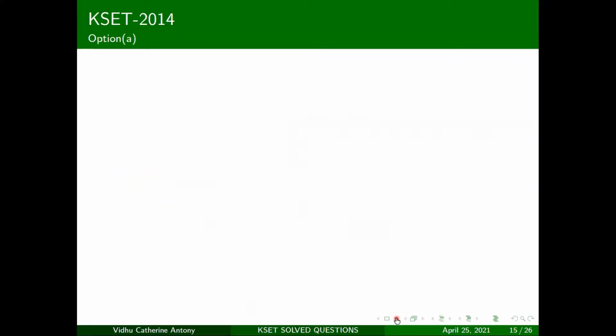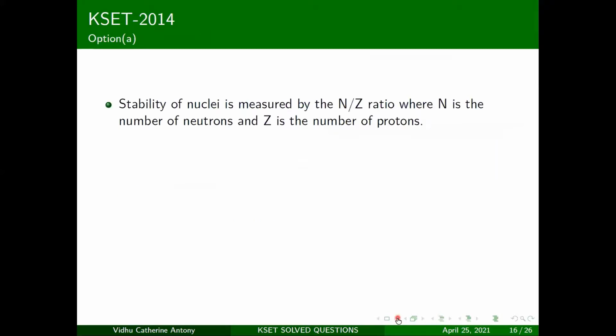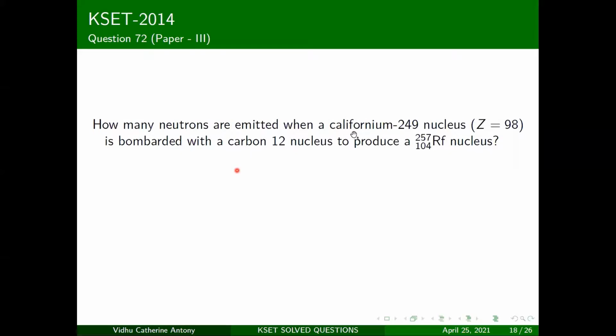Now let's look at the next one. How many neutrons are emitted when a californium-249 nucleus, Z equal to 98, is bombarded with a carbon-12 nucleus to produce this particular type of nucleus? Let's look at the different options.